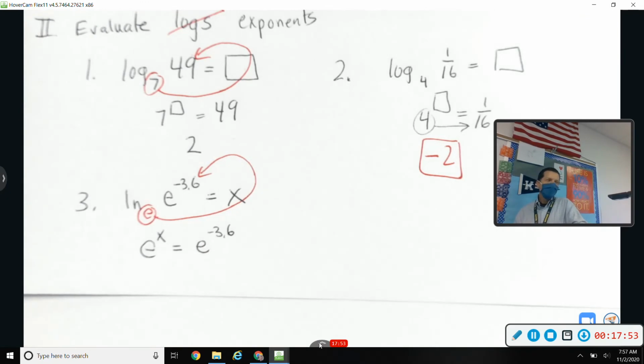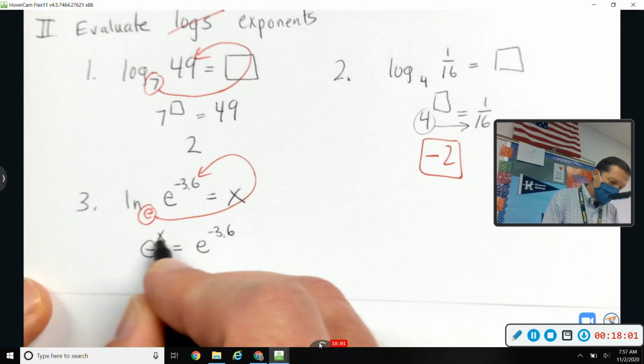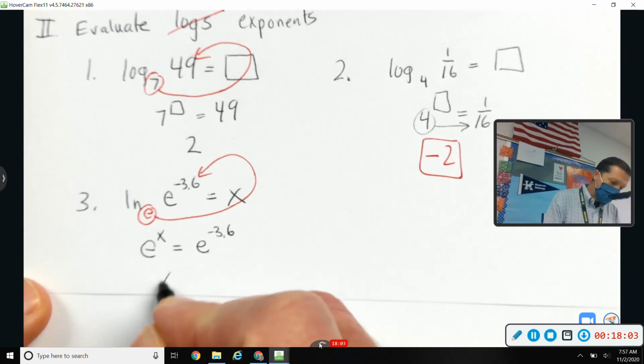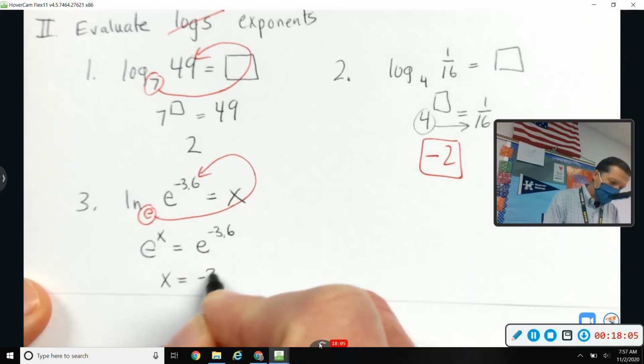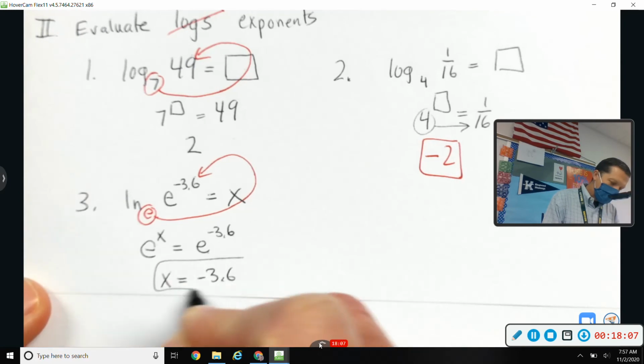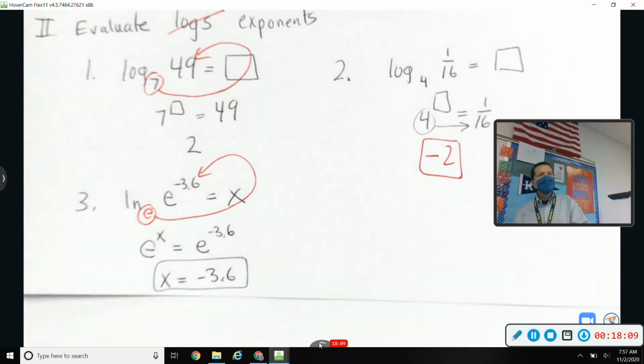I don't know what e to the negative 3.6 is, but I think by looking at that problem, I know what x is. If the e's match, then the exponents need to match. So x is negative 3.6. So it looked hard, but it's kind of a rigged problem to work out okay.